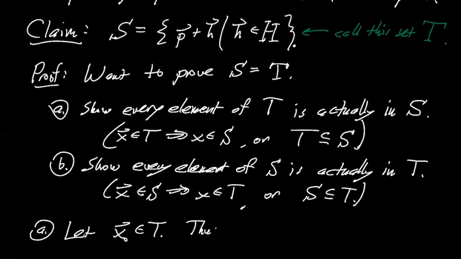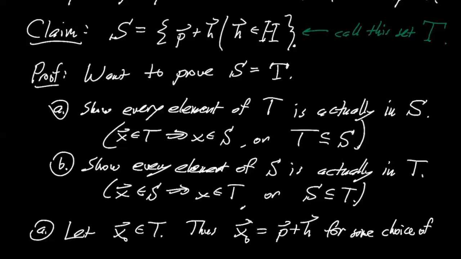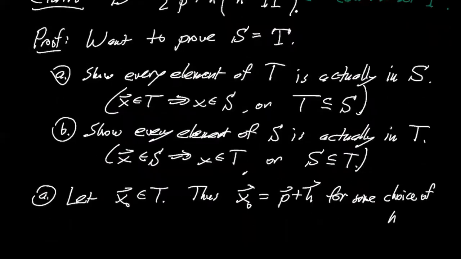Thus, x naught is P plus h for some choice of little h in big H. That's kind of just what it means to live in the set T. And we want to show that something like this also lives in the set S, so it's actually a solution of Ax equals b.